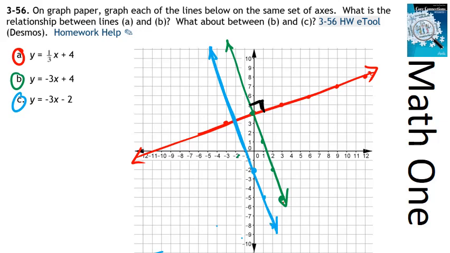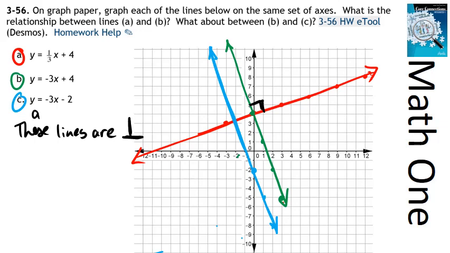Okay, so now let's answer the rest of these questions. It says, what is the relationship between lines A in red and B in green? Oh, that's easy. These lines are perpendicular. That's the symbol for it, right? This upside down T. So A and B are perpendicular.